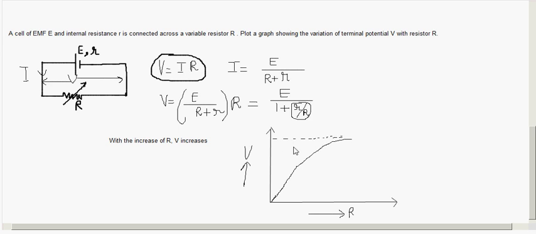This will not reach like this. So at infinity it will reach the value of E. Sorry, I'll just draw it properly. So this is E. V versus R graph.